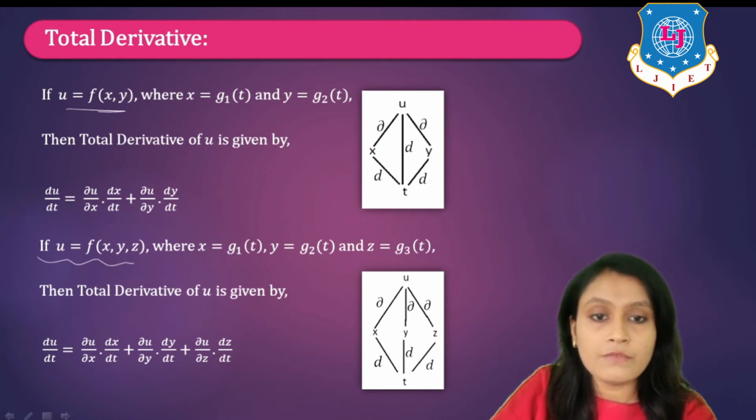Firstly we will go from u to x and then to t, so you will get del u by del x into dx by dt plus, now from u to y and y to t, so you will get del u by del y into dy by dt plus, now u to z and z to t, right? So you will get del u by del z into dz by dt.